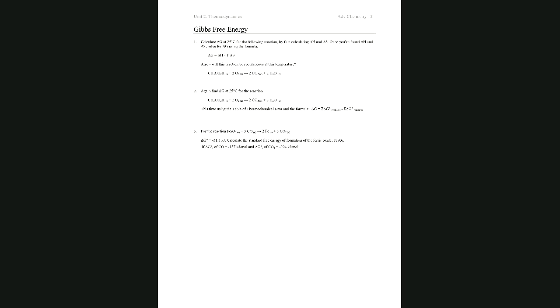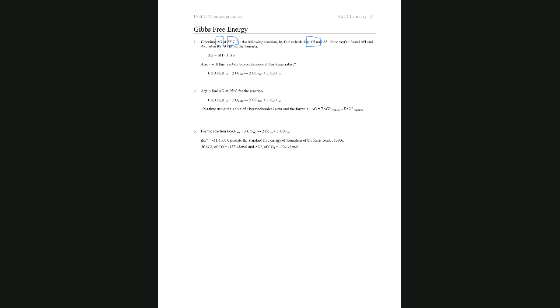Okay. So the first question is calculate the Gibbs Free Energy. The temperature is 25 degrees C, so you're going to have to convert that into Kelvin. Then the way you're going to solve the Gibbs free energy is first you're going to calculate the enthalpy, and then you're going to calculate the entropy.